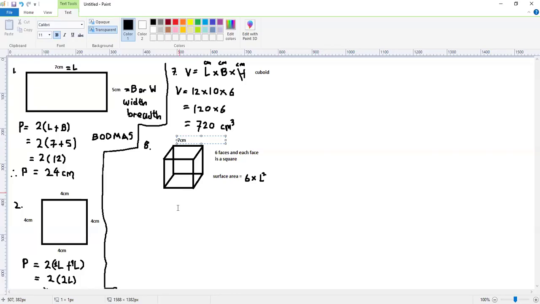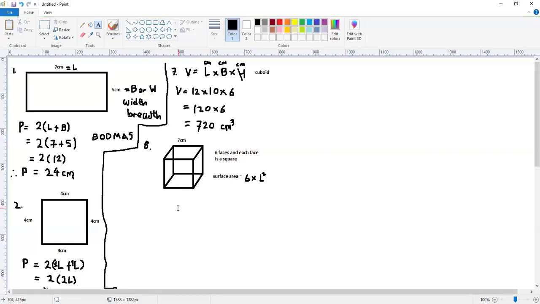Okay, are you still there, Mason? Yeah. Okay. So let's say one side is 7. That means all the edges are 7 centimeters.